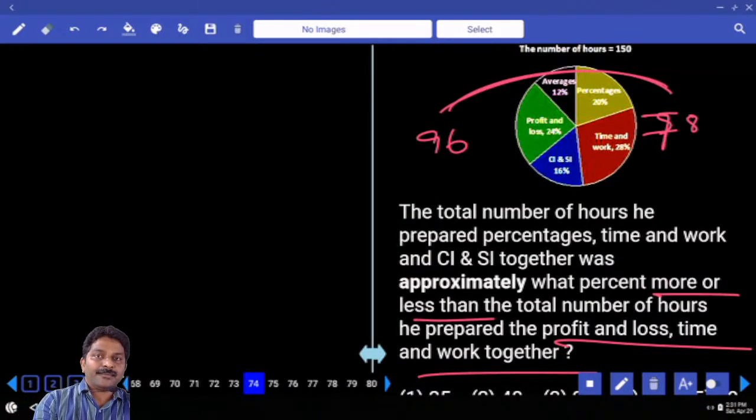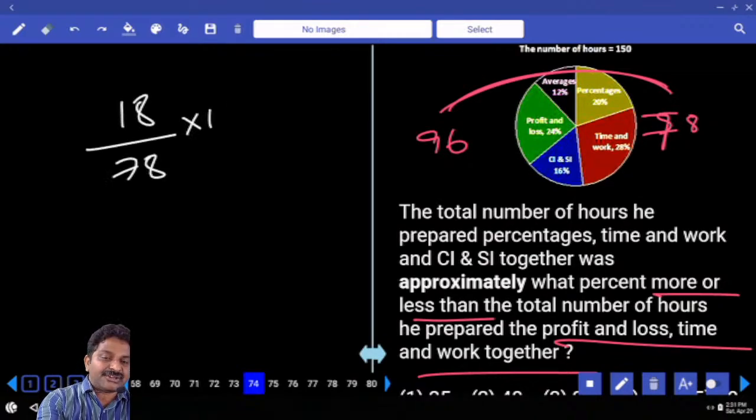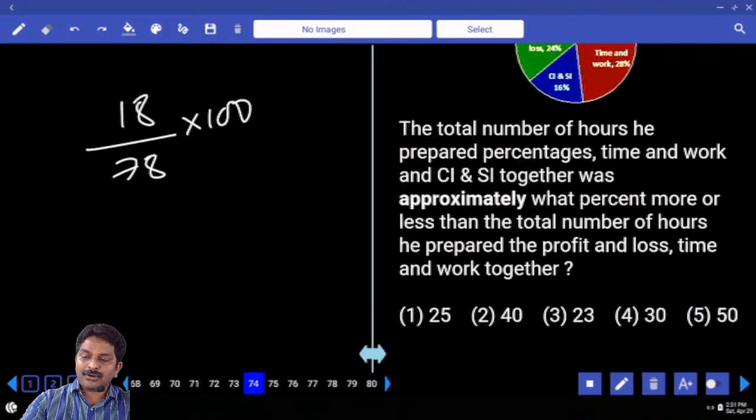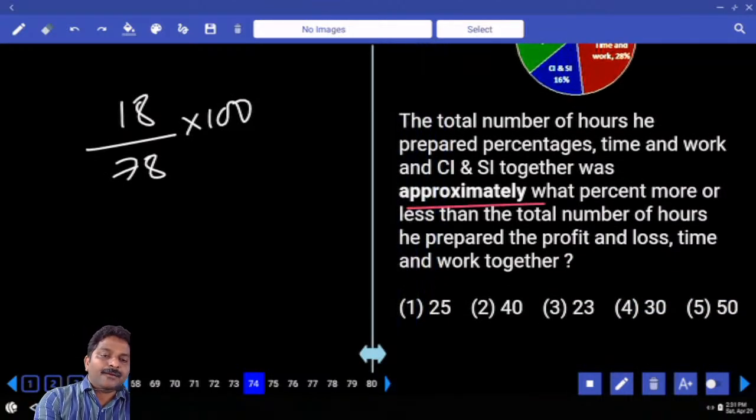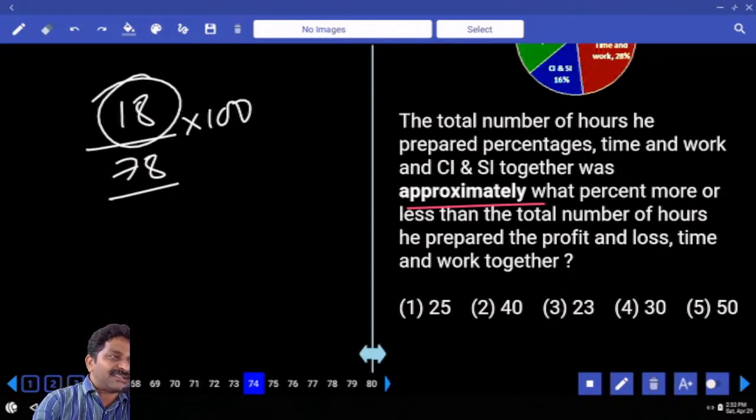How much more? 18 more upon 78, percentage into 100. Go to options. It is an approximate number only. What is 10%? Approximately 8. 20%? Our number is a little bit more than 16. That means the answer must be a little bit more than 20%.